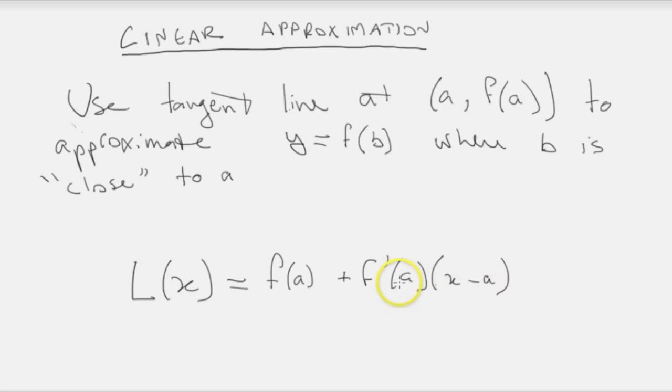The derivative times a also factors into the y-intercept to give us that tangent line. So really this is just the tangent line at a. Let's use this method, and you'll see how the linear approximation works.